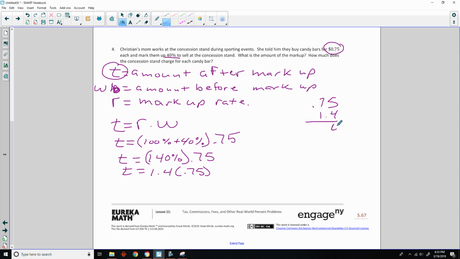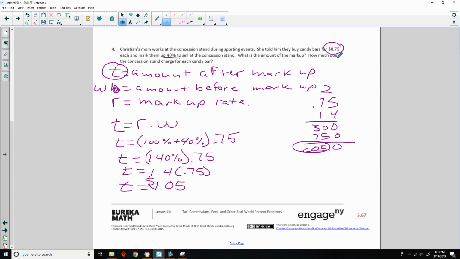5 times 4 is 20, 7 times 4 is 28, and 2 is 30. 0, 5, 7, 0, 5, 10. One decimal place, 2 decimal places, 3 decimal places. 1, 2, 3. I'll get it right in a minute. All right, so T equals $1.05.